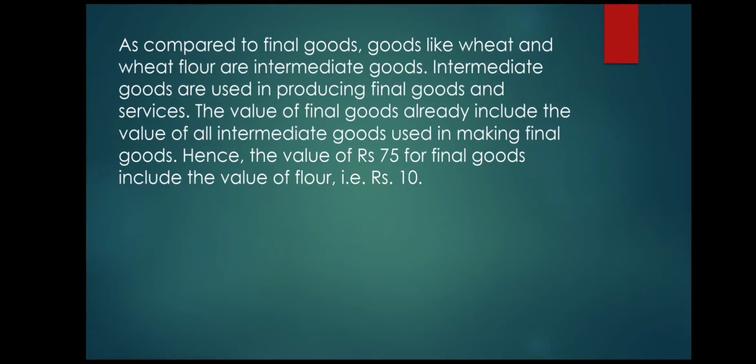Hence, the value of rupees 75 for the final good includes the value of flour, that is rupees 10. So this value of biscuit, rupees 75, already includes the value of the flour that has been used, that is rupees 10.